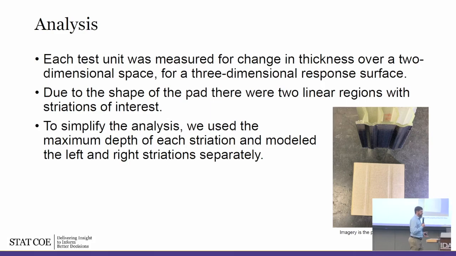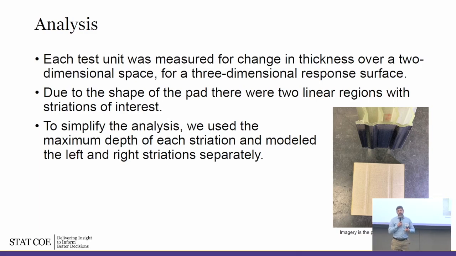Now with test case 3, it gets harder to determine exactly what our response variable is going to be, because that pad was uneven. It tends to create 2 striations here, like 2 lines. What is our response for that test coupon? Well, we could go with the maximum depth, and we did look at the maximum depth for each striation, but maybe there's going to be a consistent difference between them.